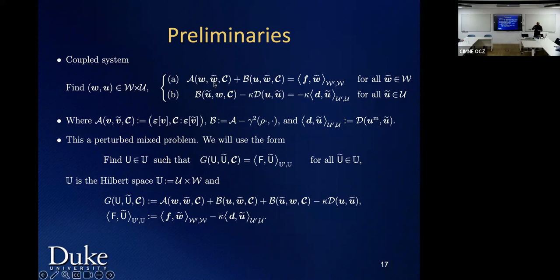Anything that has a tilde is a test function, okay? So the fields that I don't know are W and U, right? So think of Lagrange multipliers in the observable field. So A, relate that to the stiffness matrix, if you want in your head. That is going to be the term that leads to that.